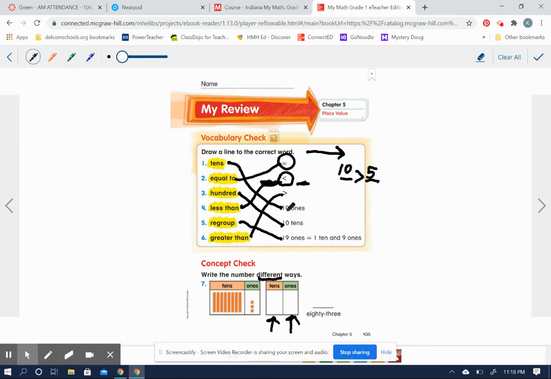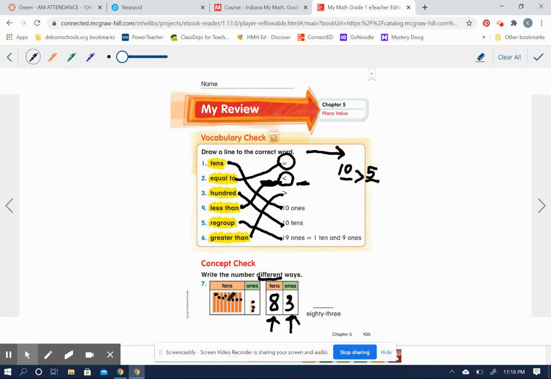So how many tens are there? Well, let's count them. There's 1, let me get a dot, 2, 3, 4, 5, 6, 7, 8. There are 8 tens. And how many ones? 1, 2, 3. 3 ones.